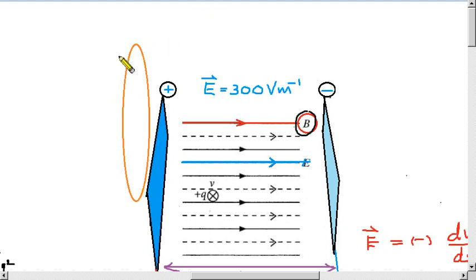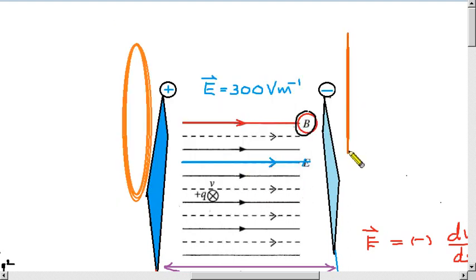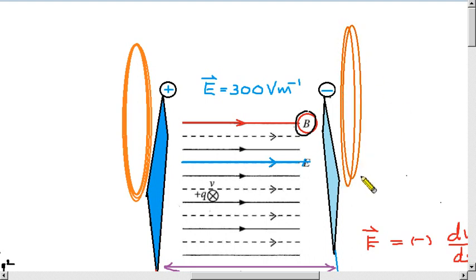So the coil has several turns like this. I draw a few, but there are a lot of turns, about 100, 200, something like that. Then the other coil also you have to place somewhere here, like this. The 2 coils.